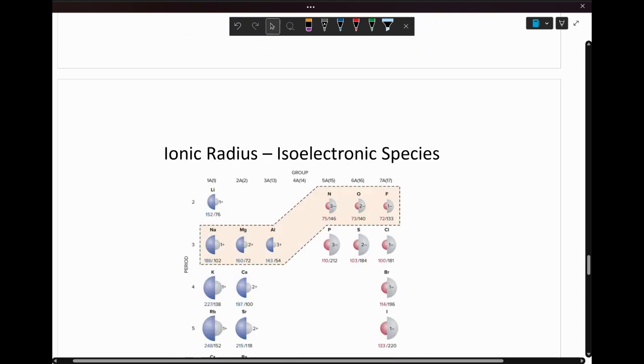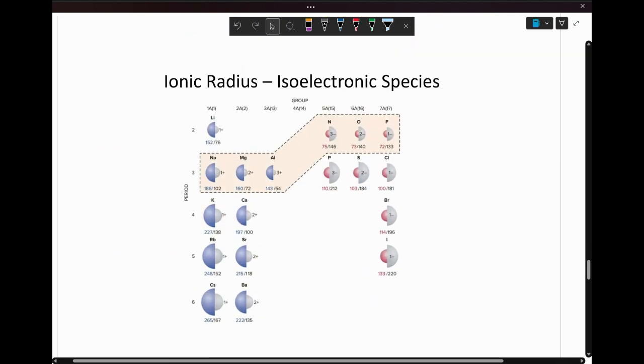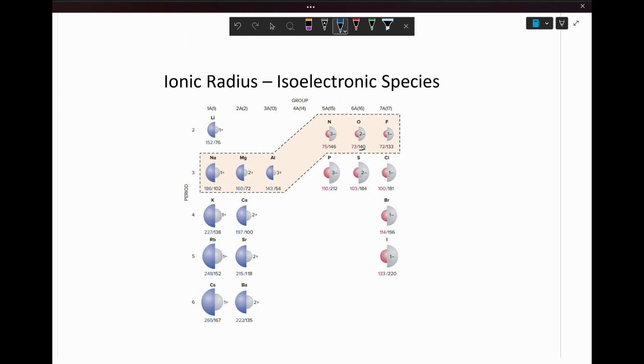And if you want to look at an illustrative example, here we have oxygen sitting at 140 picometers, fluorine 133, sodium 102, magnesium 72, and aluminum 54. And in this case, we've switched the colors where the colored version is the size of the neutral atom, and then in gray is the size of the ion. And so we maintain that same trend.